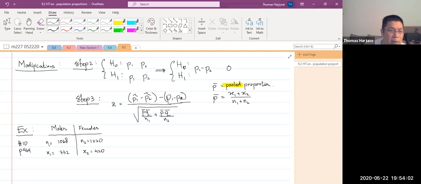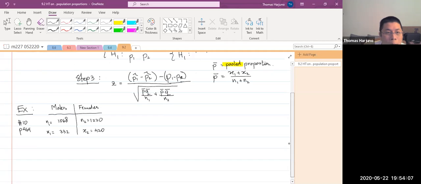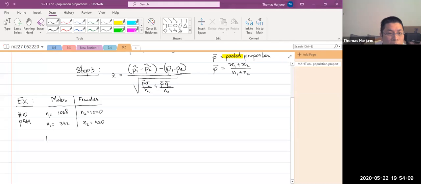So from the males, we will have P1 hat, which is the proportion for the males. That's 322 over 1068. What's that?